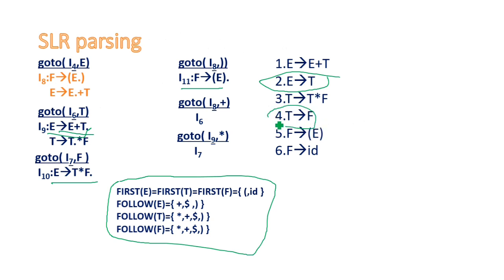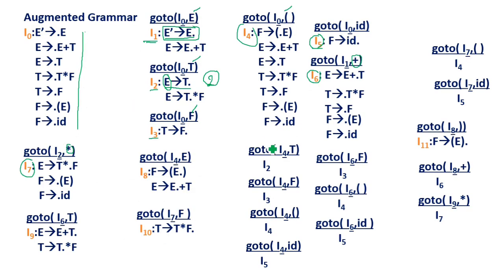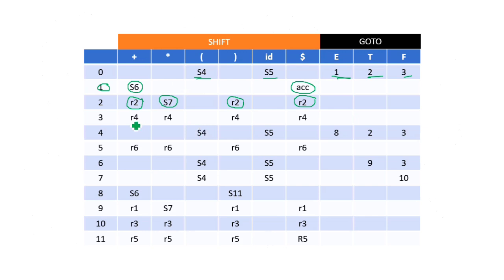So we write R4 in follow of T. Follow of T in item set 3 is plus, we write R4, and in star we write R4, and close brackets we write R4, and dollar we write R4. So on and so forth.